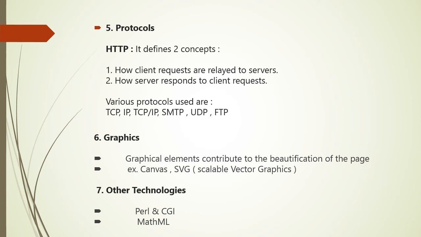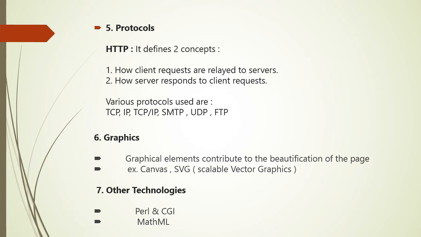Next is graphics, which is very important. So we are using graphical elements for the beautification of the page. Your page will look beautiful if you are adding some graphics into that. So we are using Canvas and SVG, that is Scalable Vector Graphics, for adding graphics into your web page.